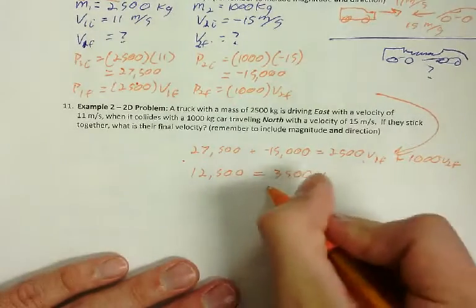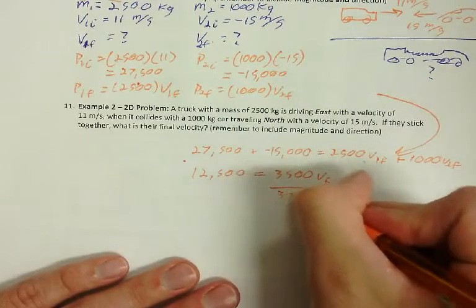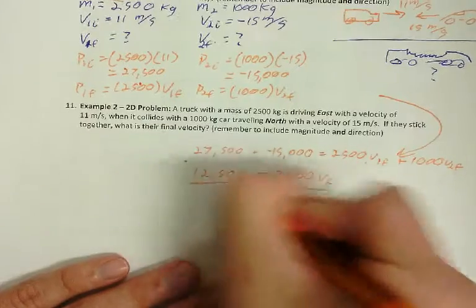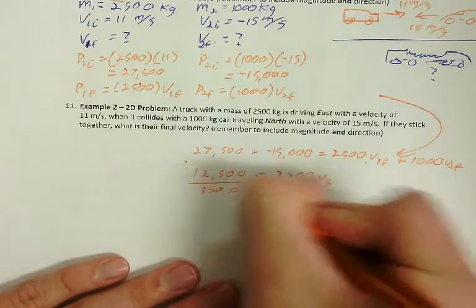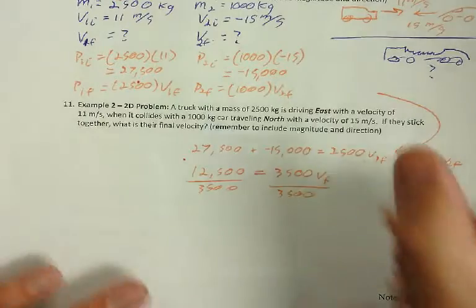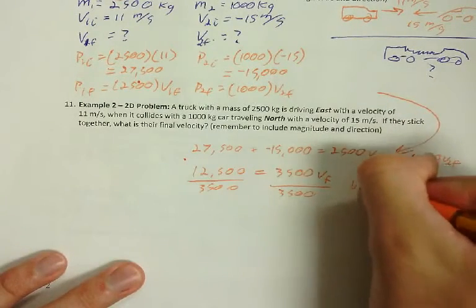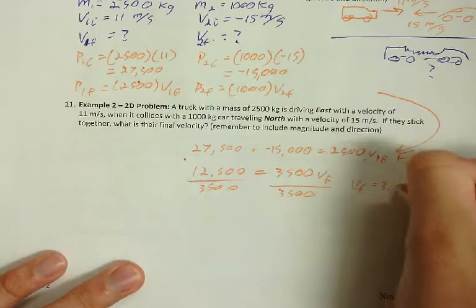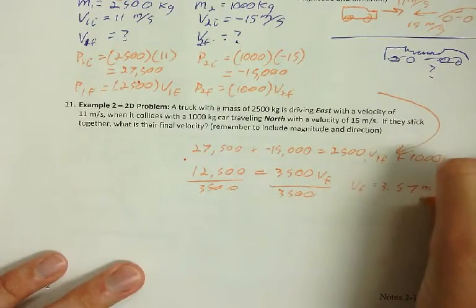And to get V by itself, we divide both sides by 3,500. So 12,500 divided by 3,500. V final equals 3.57 meters per second.